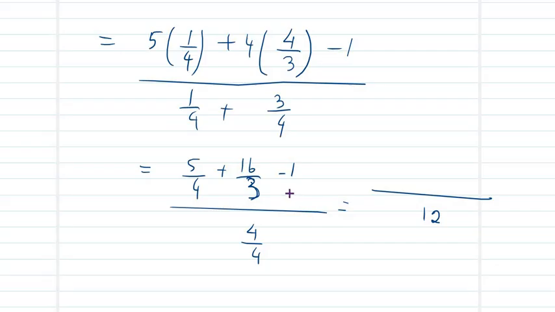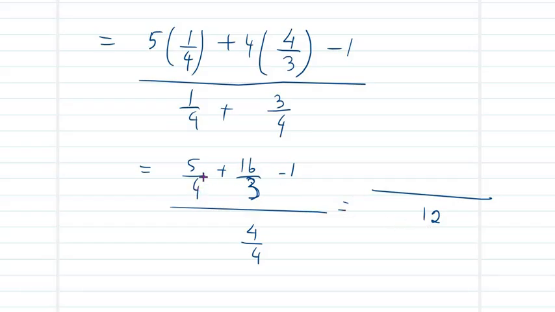The LCM equals 12 here only for the numerator, because the denominator becomes 1. When the denominator becomes 1, there is no need to consider the denominator values. So here LCM we calculate as 12.